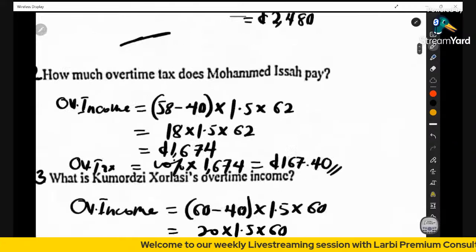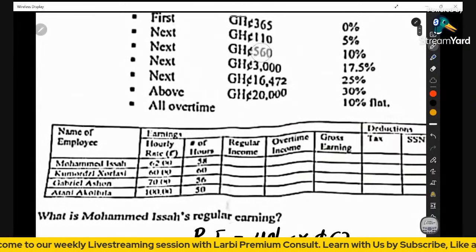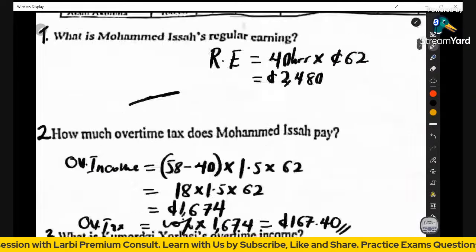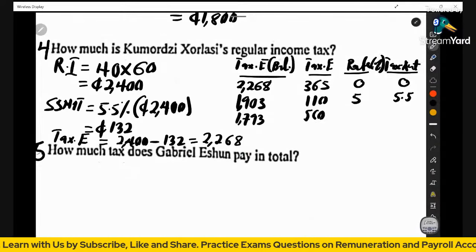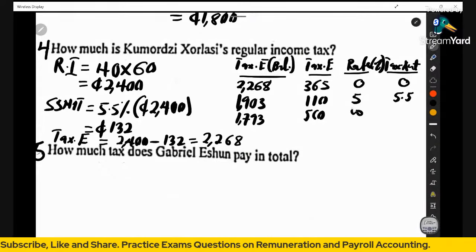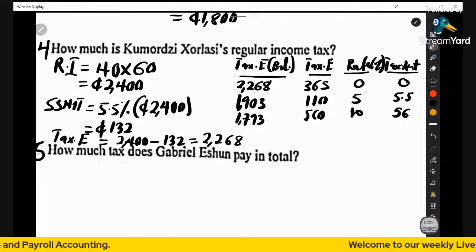So what was the next tax schedule? In this particular case, it was 560, which goes for 10% as the tax rate. So here too, you bring in your 560, which goes for 10%. So 10% applied on 560, you should get 56.